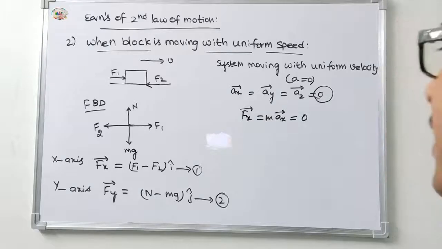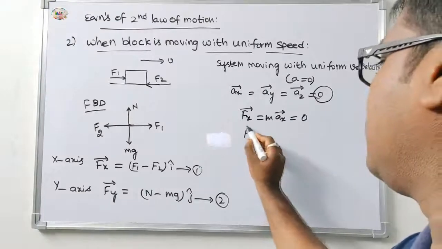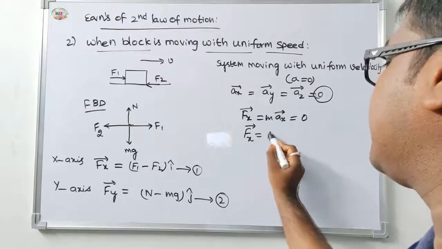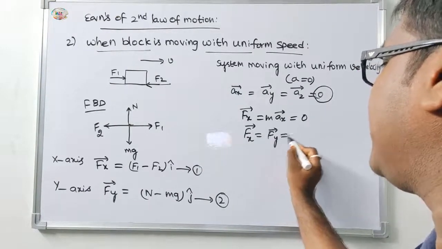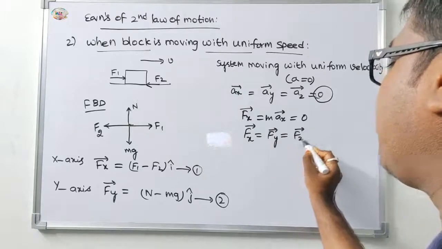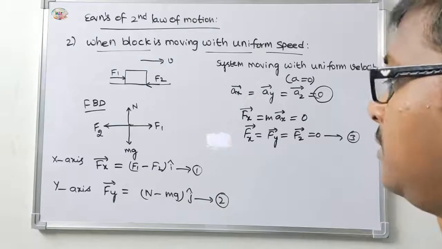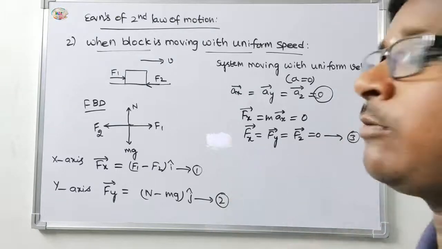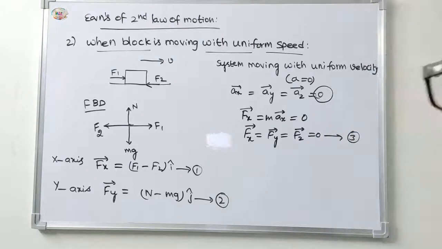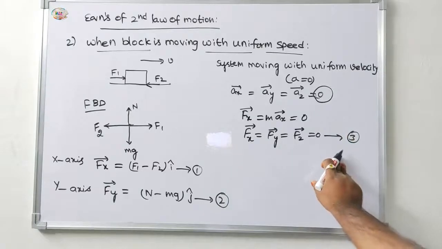Then Fy is also 0, Fz is also 0. Fx is equal to Fy is equal to Fz is equal to 0. This is equation number 3.